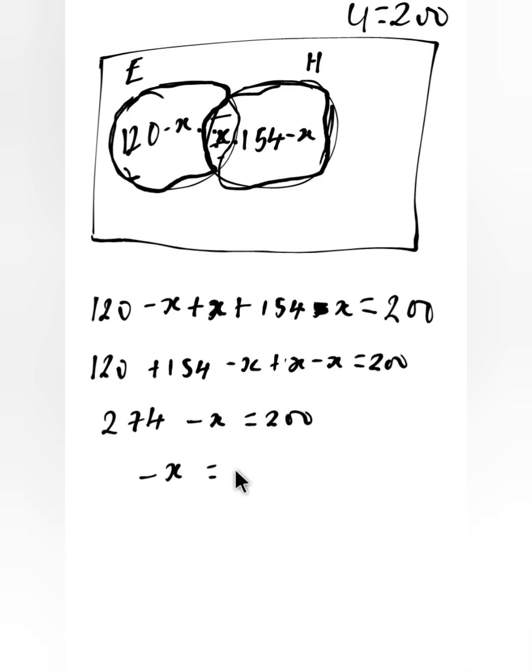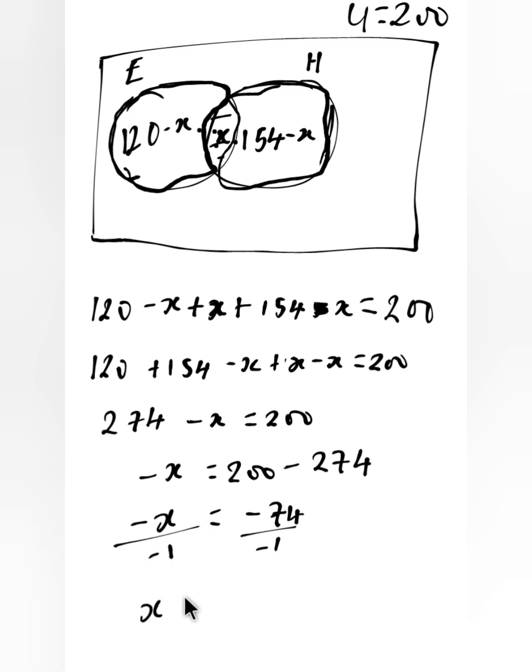We take 274 to the other side of the equation, where it becomes minus 274. So minus X is equal to minus 74. If we divide both sides by minus 1, we are left with X is equal to 74. Which means that 74 students like both economics and history.